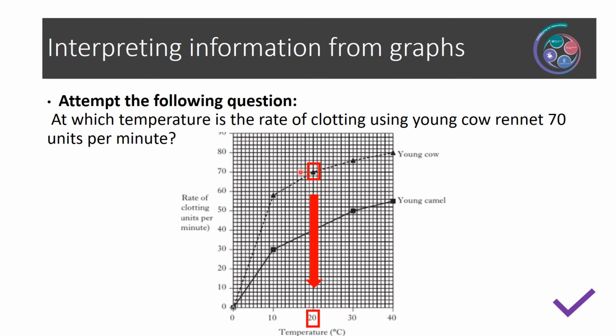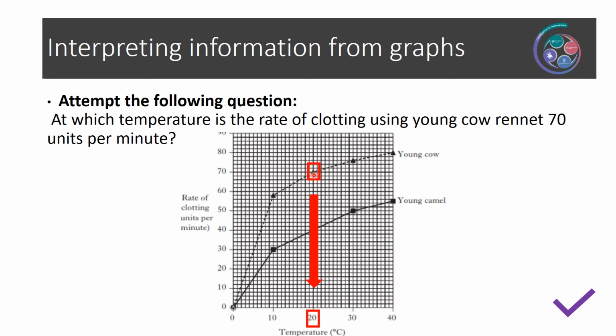Now, it tells us that we're looking for the temperature, which is the rate of clotting using young cow rennet, 70 units per minute. So we can see that rate of clotting units per minute, and we go along to 70. Now, where it meets the line is here, where my red box is, and we know that that's 70.